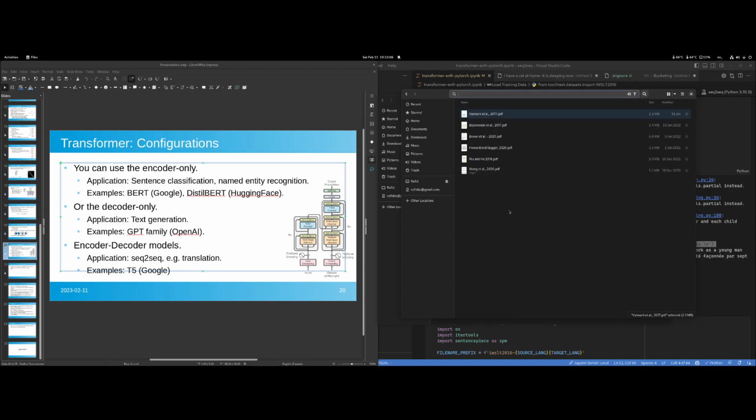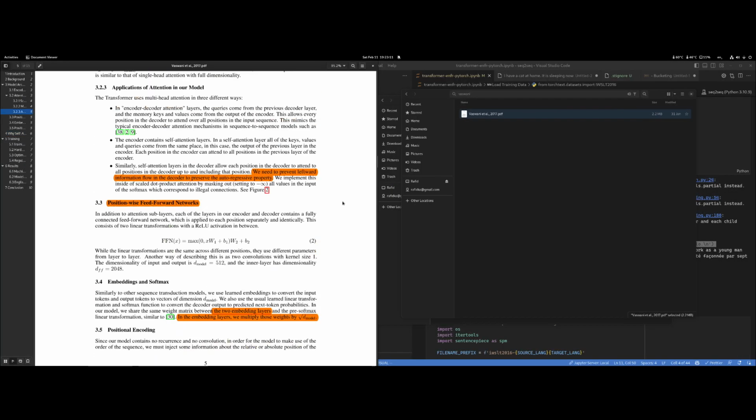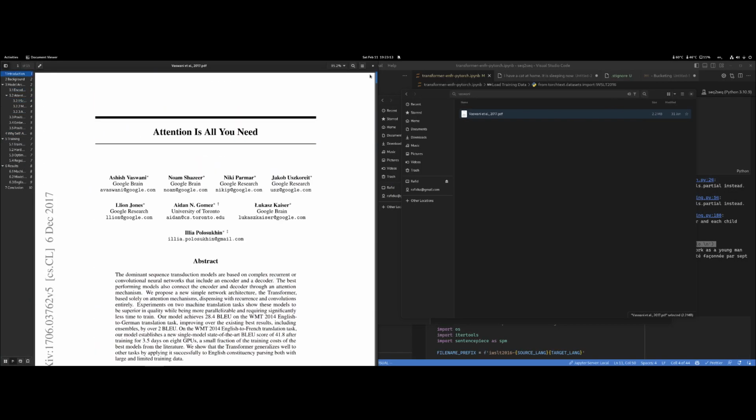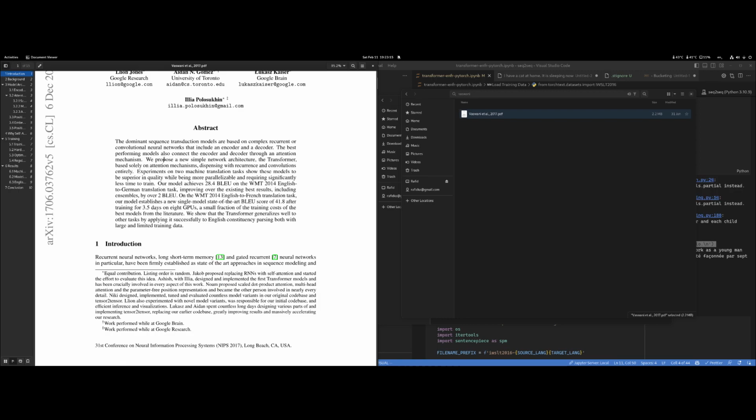In the paper itself, if you look at the introduction and the abstract, they mention that they propose a new simple network, and their evaluation was about translation. It was mostly about translation at that time. That's what they were thinking about. But after that, they started to prove it's way more than just machine translation.